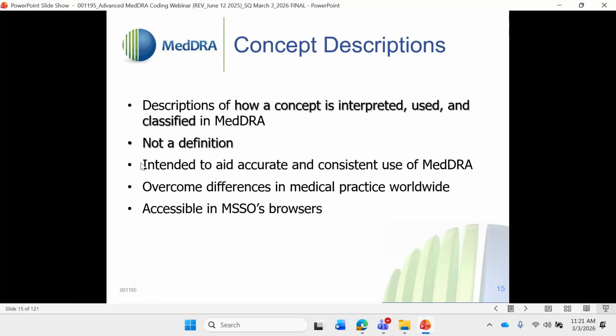And because MedDRA is a global terminology, sometimes in translation the actual intent of the meaning is somewhat diluted or mistaken for something else. That's why for some of the key principles, some terms or concepts have concept descriptions so that everyone understands them uniformly.